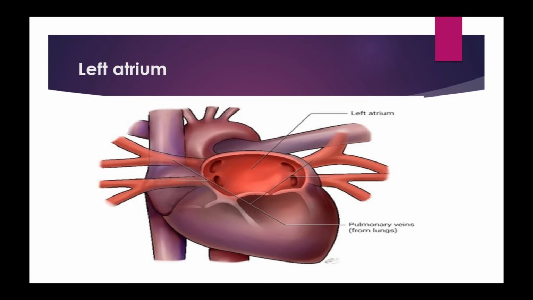Two pulmonary veins open into the left atrium on each side of the posterior wall. From the picture, you can understand the pulmonary veins.